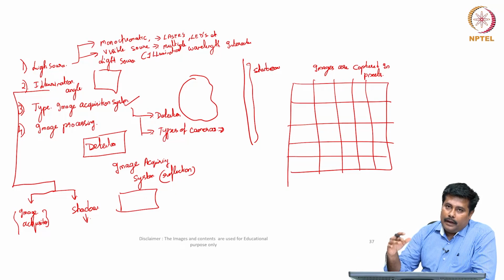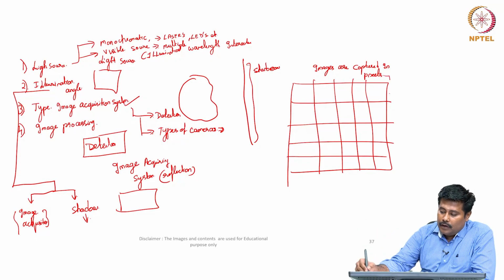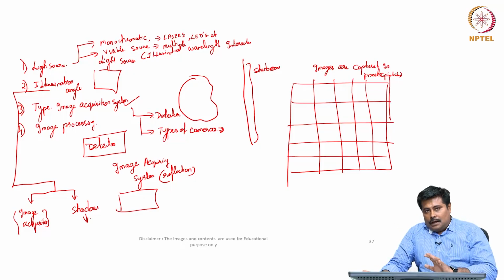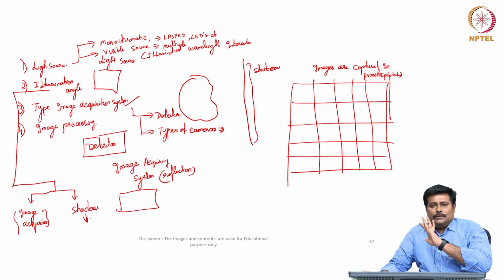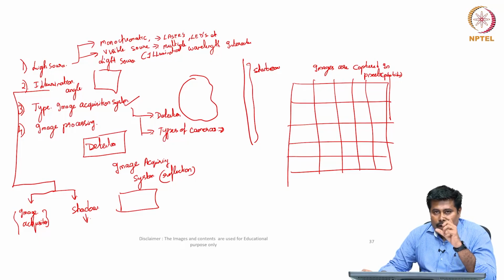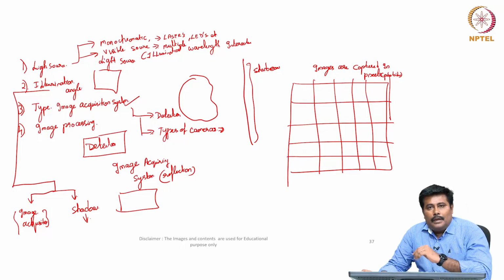Ideally, when these images are captured, these pixels comprise photodiodes. What happens is when the image gets captured on this particular matrix, the photodiodes get illuminated, and based on the illumination of the photodiodes, the images are processed.